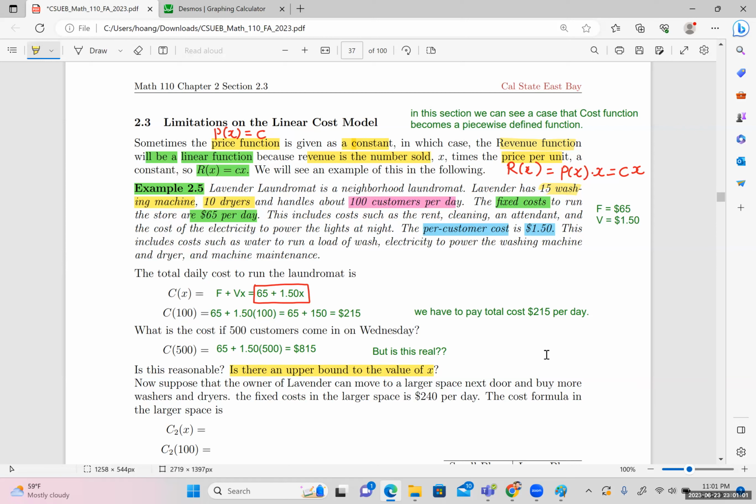You can serve a maximum of 100 customers only. So I would say we can serve a maximum of 100 customers. So x max per day is 100.